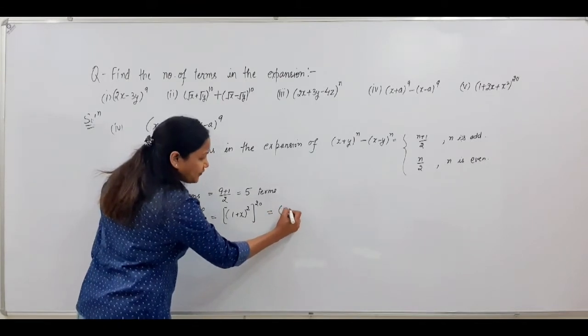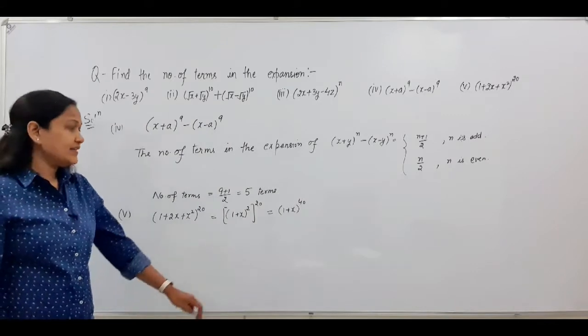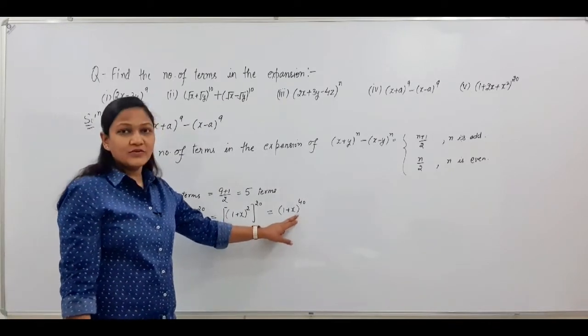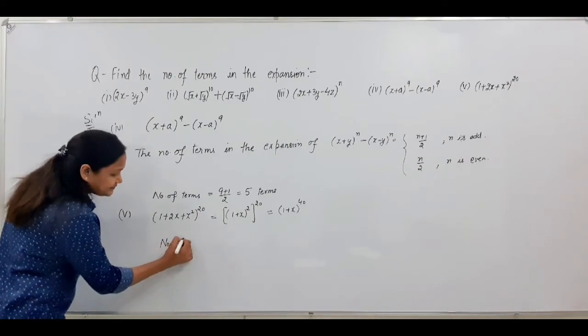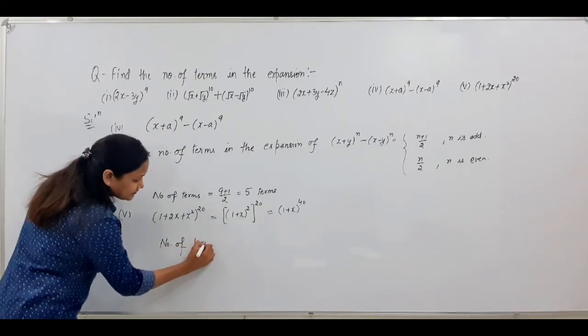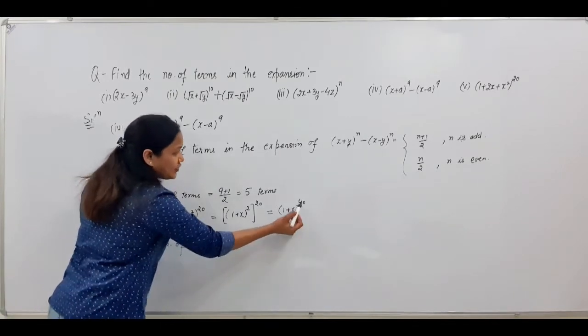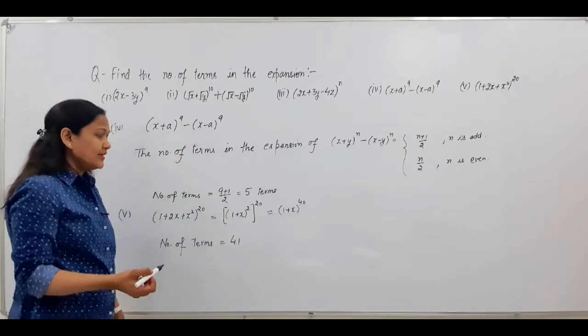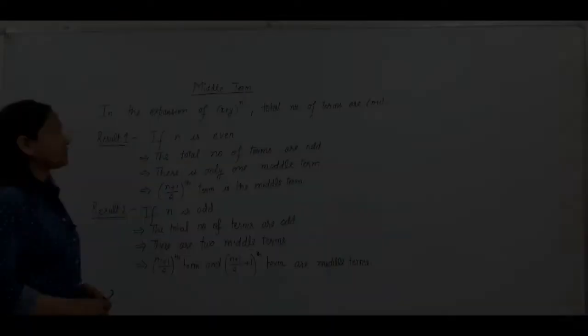So that is equal to (1 + x)^40. And in the expansion of this binomial, the number of terms will be 41. If your n is 40, then the number of terms will become 41.